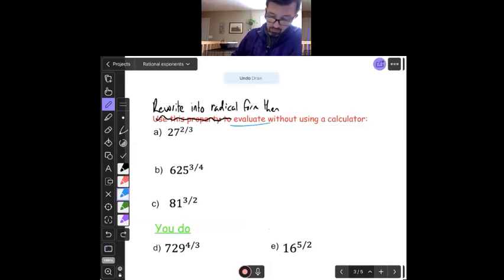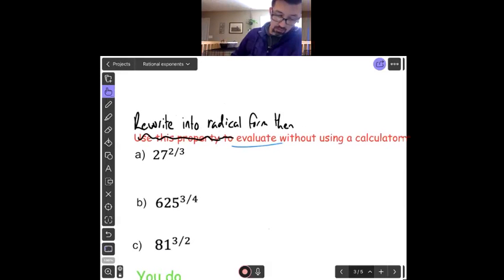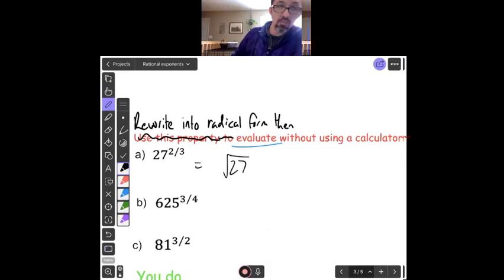So the first thing I want to do is turn that into a radical. So I know I need a 27, and I know I need a radical. That stuff has to be there. And then my job is to figure out where the other things go. Where's that 3 go? Where's that 2 go? The denominator is always the index.